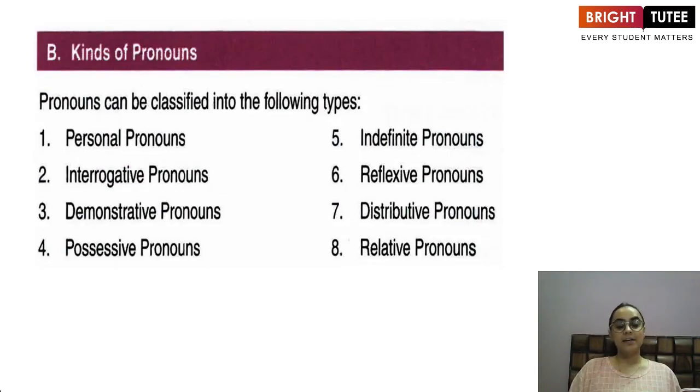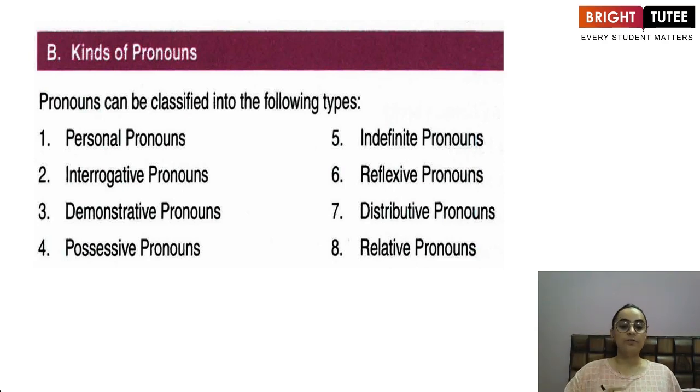Alright? As I told you, there are in total 8 types of pronouns. Personal pronouns, interrogative pronouns, demonstrative pronouns, possessive pronouns, indefinite pronouns, reflexive pronouns, distributive pronouns, and relative pronouns.